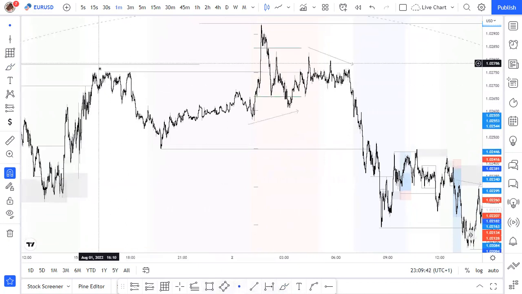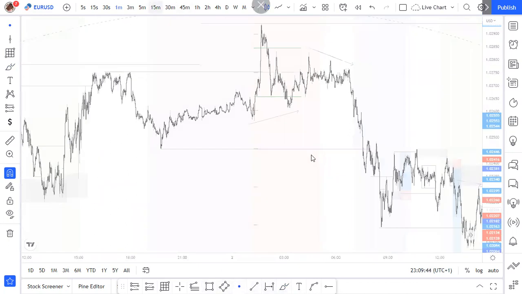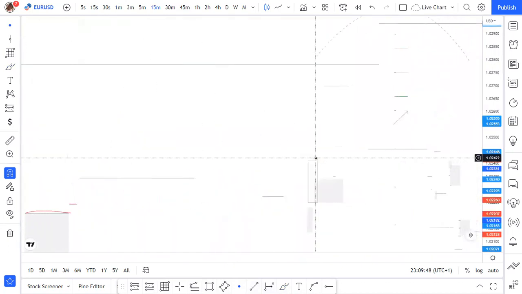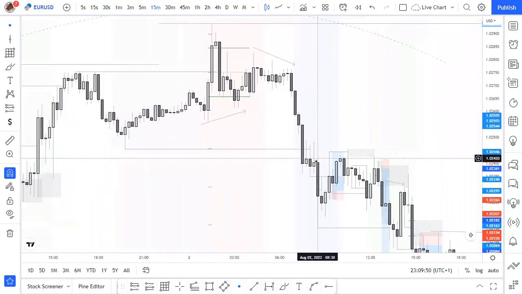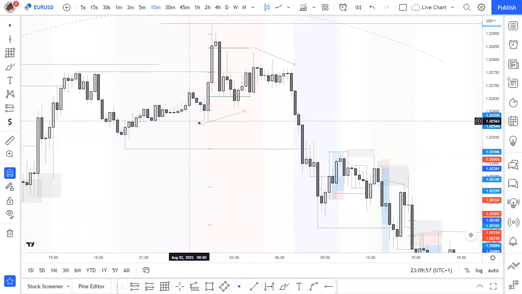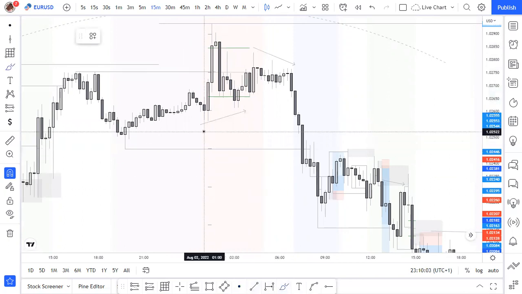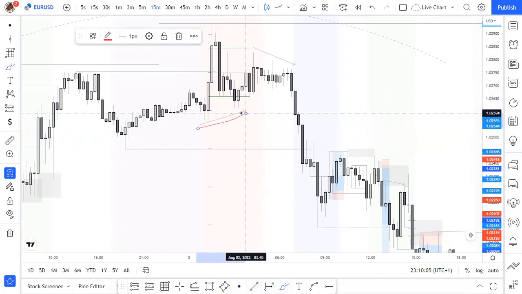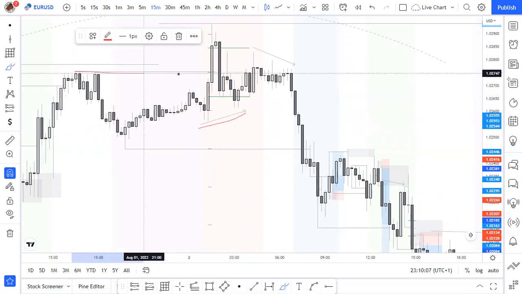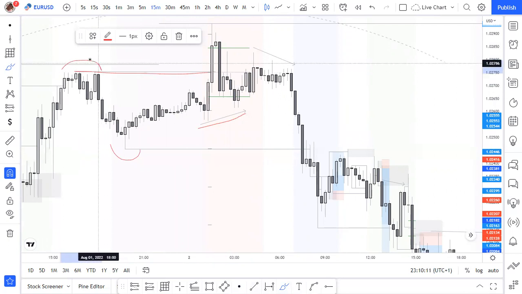This brings us to the 15 minutes, so it will not be clear on the 15 minutes. Here on Tuesday, I was looking at this low as some kind of liquidity, and then this was my demand range. This low to this high was my demand range.